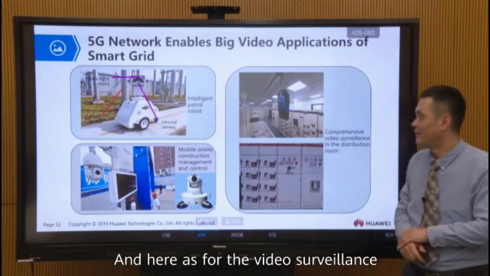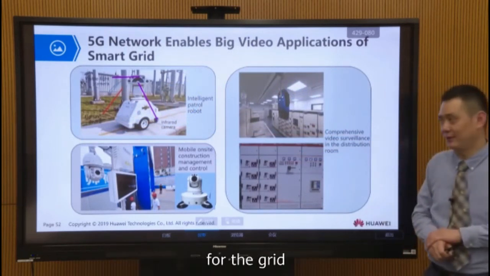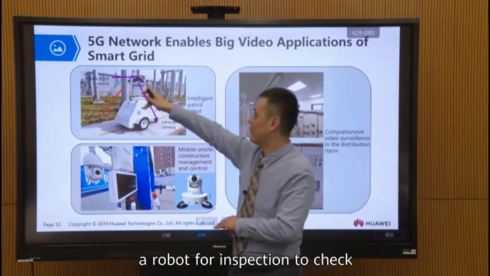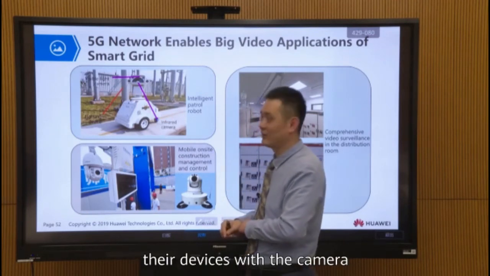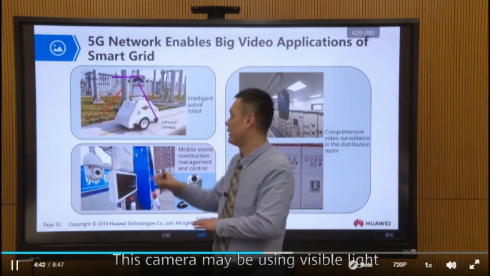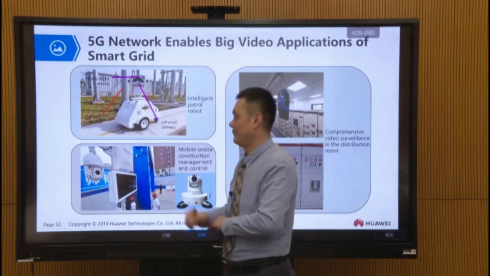And here is the video surveillance for the grid. This one is a robot for inspection, checking devices with the camera. This camera may use visible light or infrared to collect video.